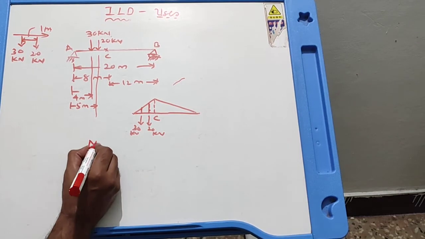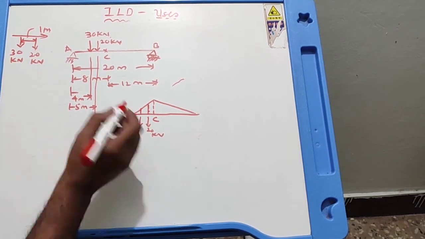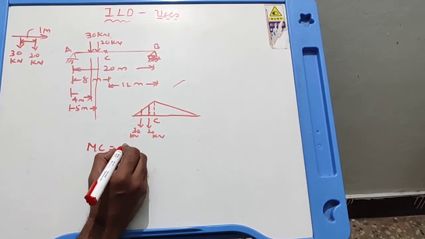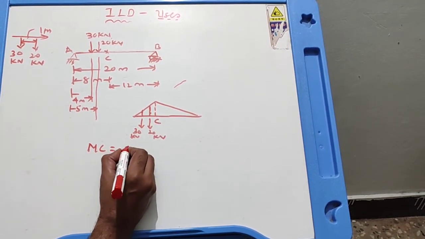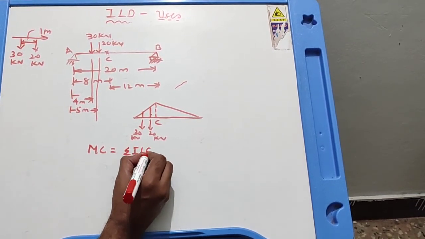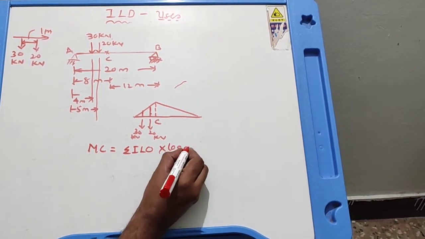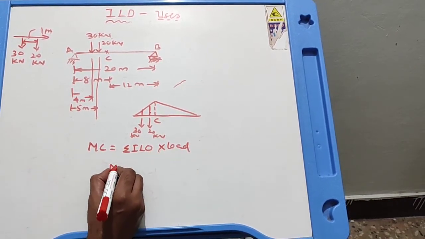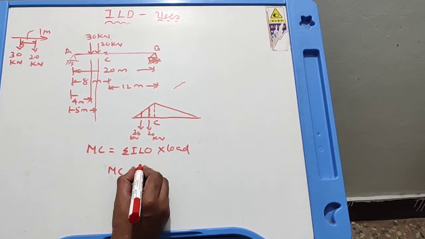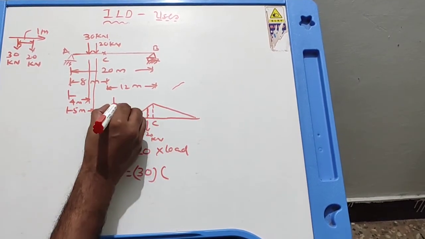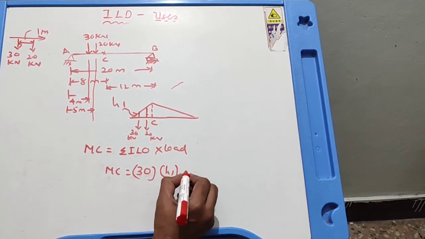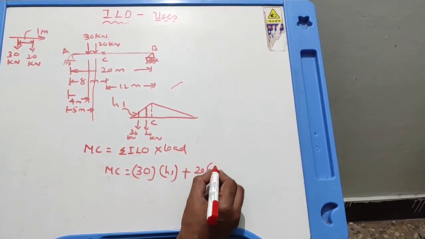So the bending moment at C is equal to, due to 1 kilonewton it was influence line ordinate into load, but because there are two loads, it is summation of influence line ordinate into load. That means the bending moment at C is equal to 30, the load, into this ordinate, I call this H1, plus 20 into H2.